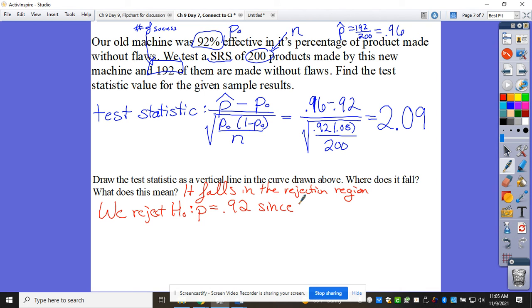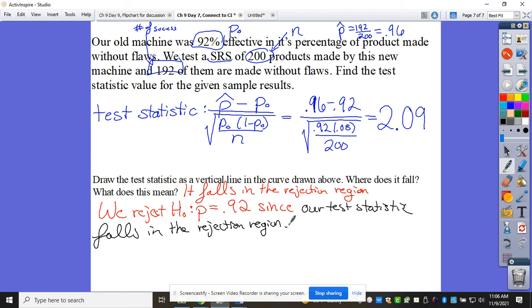Now, since our test statistic falls in the rejection region, this is actually the reason for it being called a critical value, because it's a critical value at which it's rejected or it's not rejected. And then we would finish that just like we always do with, we what?